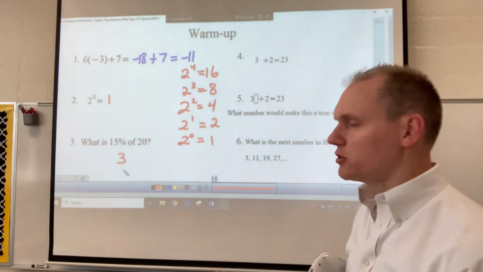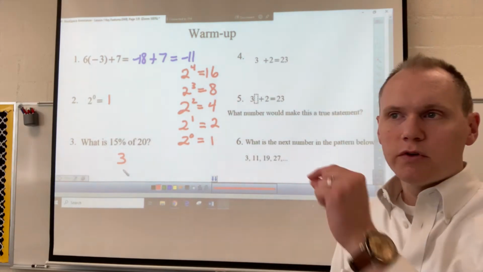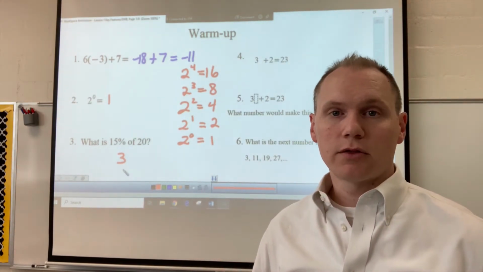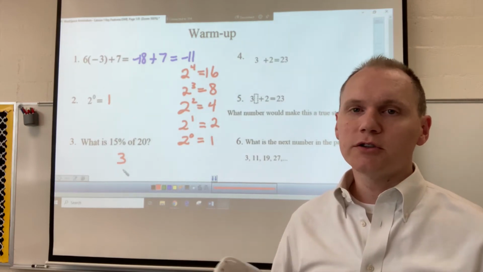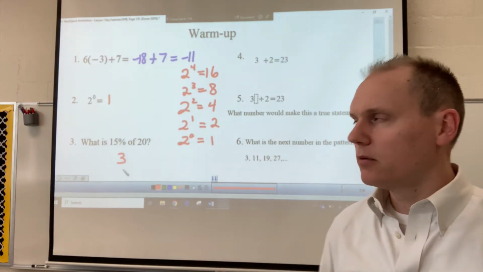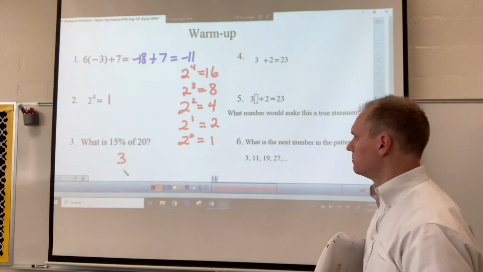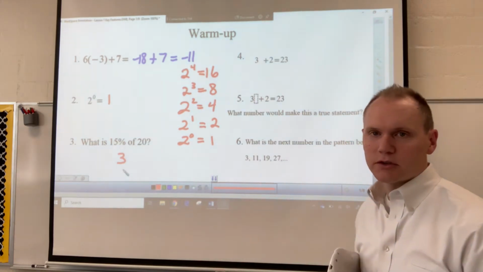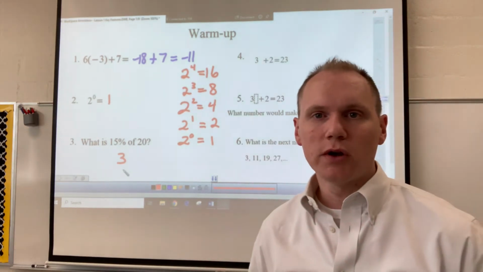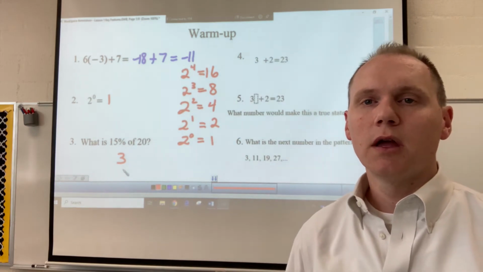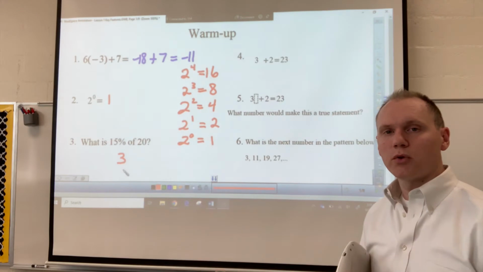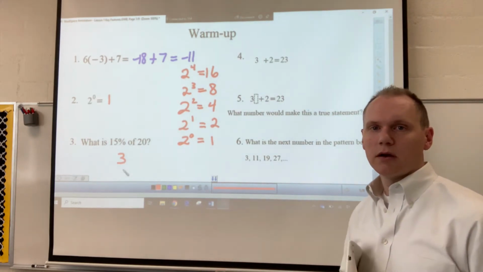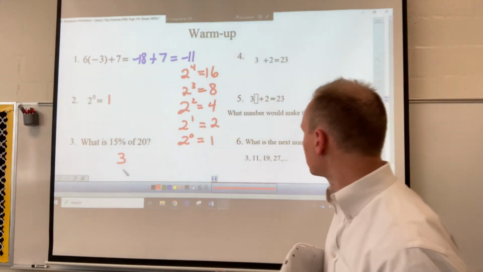So obviously 30 is too high, so move your decimal 1 place to the left and you get 3. Move it 1 more place and you get 0.3. And just think about which one makes sense. 3 is obviously going to be it. 0.3 is way too small to be 15% of something. If you think about 10%, you can always calculate 10% pretty quickly, and that can be a way to help you think through that.